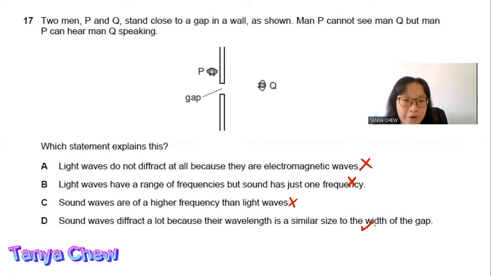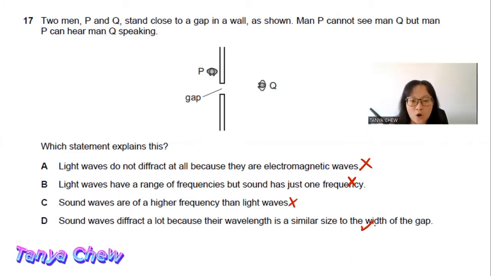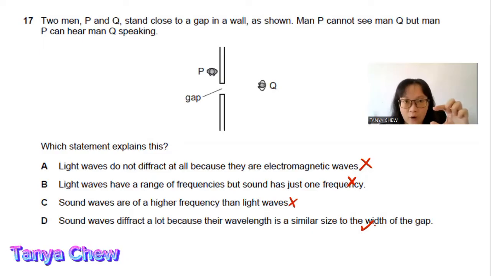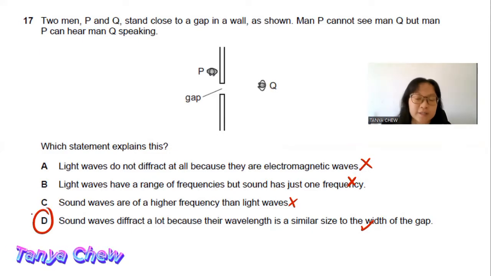That is very true, because for a clear and visible diffraction, the wavelength of the wave must be almost similar to the size of the gap. So D is the answer.